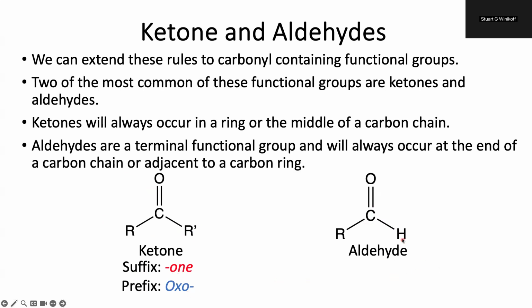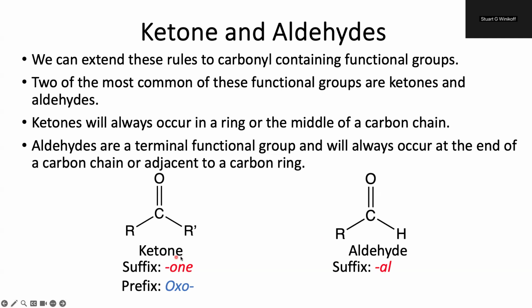Now, aldehydes, they're always going to be that terminal group. So whenever you see them, they're always going to be located at the end of a chain, and you're never going to see them in a ring, but you can also often see them adjacent to a carbon ring. And this will change a bit of how we name them. So they have a suffix of -al as in aldehyde, as opposed to ketone, which is -one as in ketone.